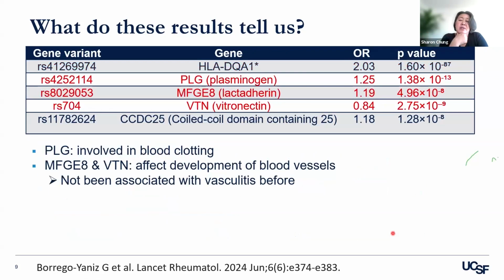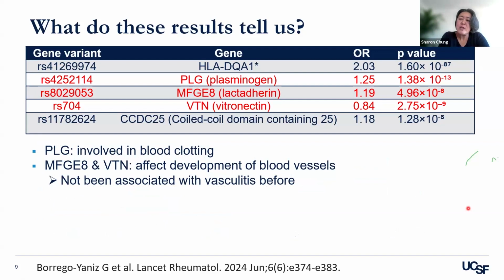The next three genes on the list are plasminogen and lactadherin and vitronectin, very complicated names, just to say that they are involved in blood clotting and the development of blood vessels. And you may actually think, well, of course, this is a vasculitis. We would expect genes associated with blood and the development of blood vessels to be important in the development of vasculitis. But that's actually not the case.